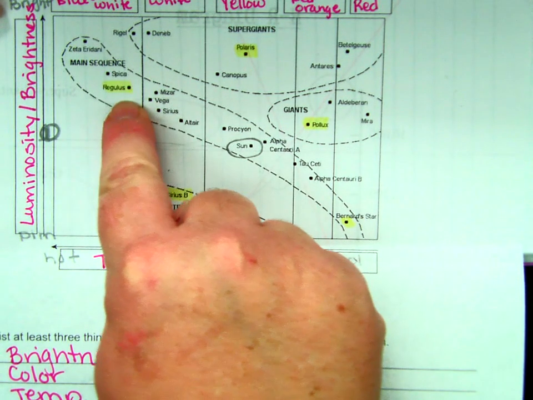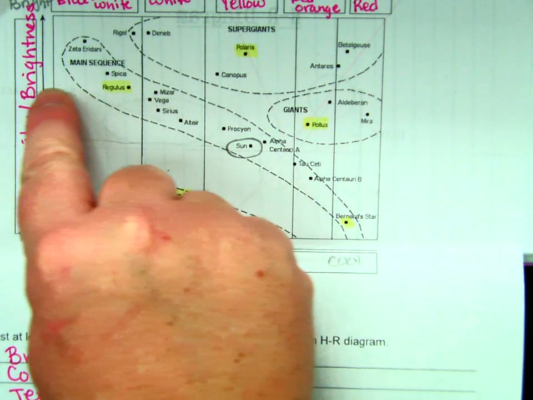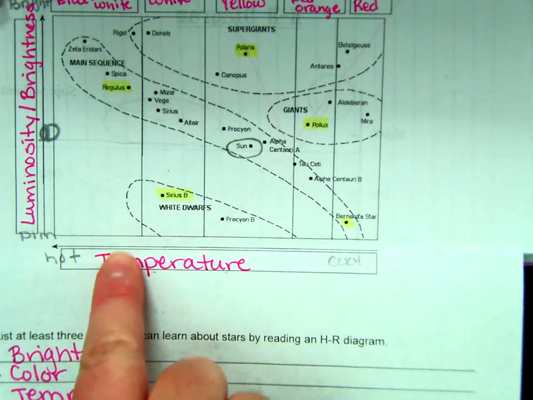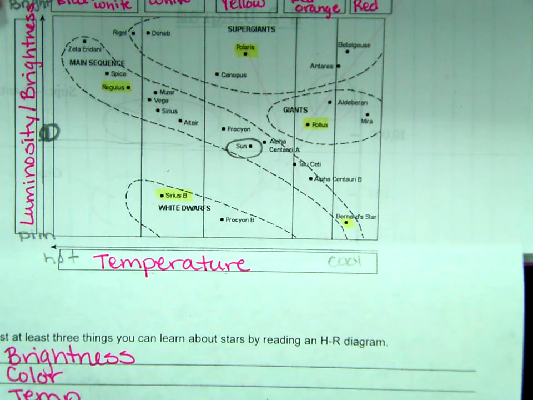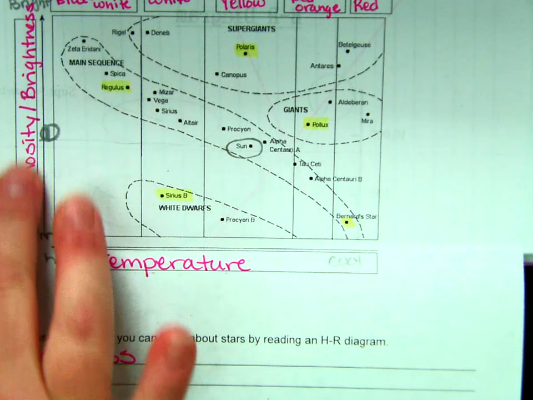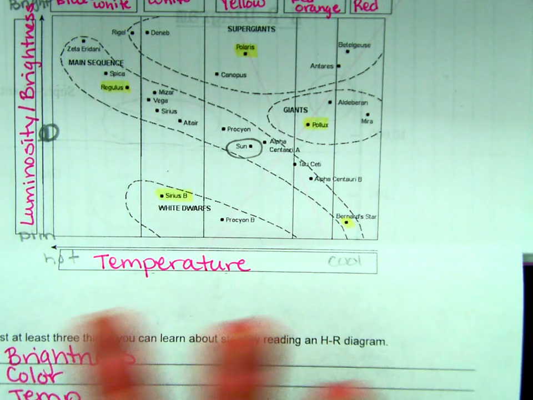It is blue-white in color. It is brighter than our sun, and it is hot. So using this chart is actually super simple. And like I said, some of the charts will actually have numbers for brightness on it and numbers for temperature, but for today we went simplified and I don't have those on there.